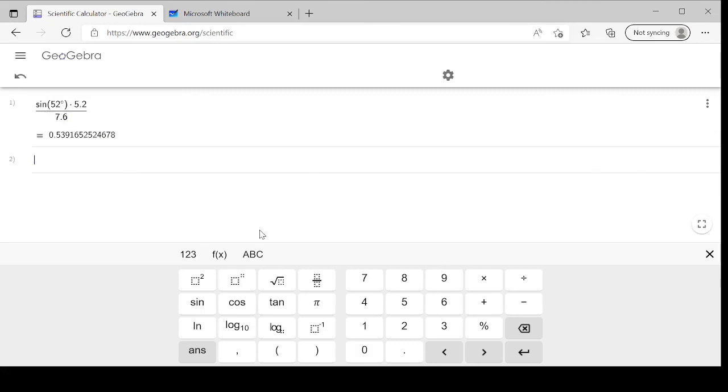And as we know from our previous step, we just need to now do sine to the minus 1 of the answer, and that will give us the value of our angle.